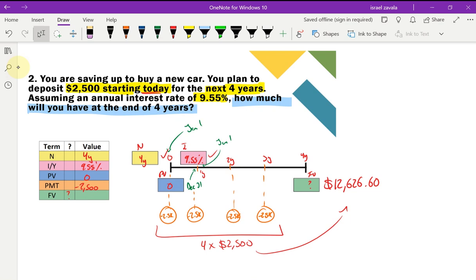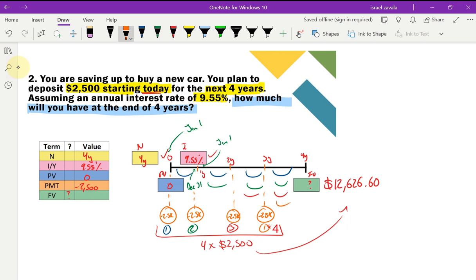And again, I just want to cover this one more time because I think it's important. This first payment, right, gets compounded once, twice, 3 times, 4 times. And then the second payment gets compounded once, twice, 3 times. The third payment gets compounded 2 times. And then lastly, the last payment only gets compounded once.